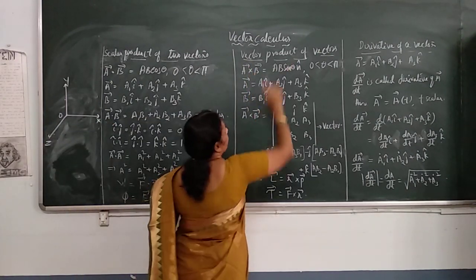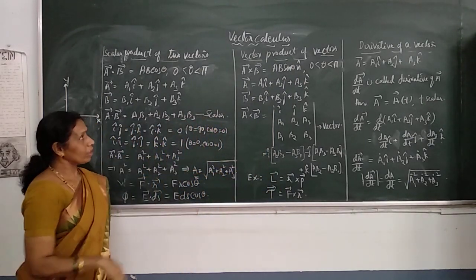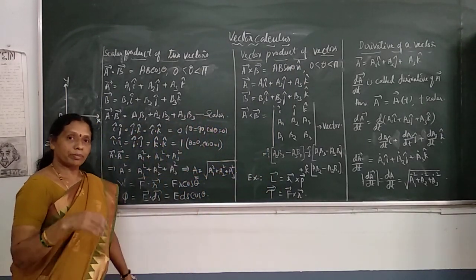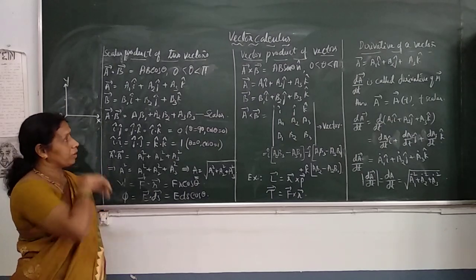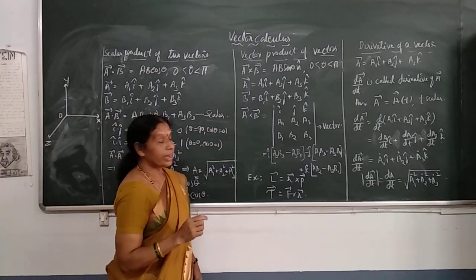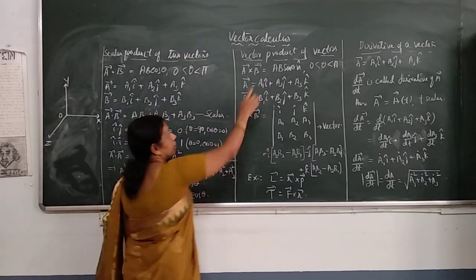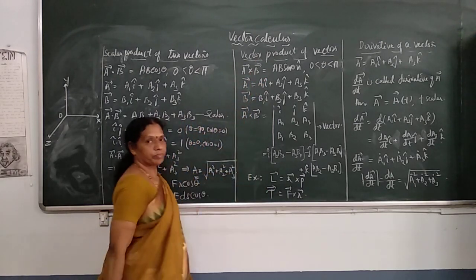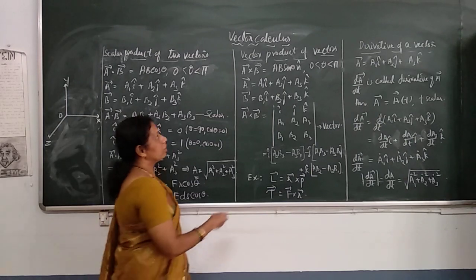Next is the vector product of vectors. One more type of product of vectors, multiplication of vectors, is the vector product, also called the cross product.